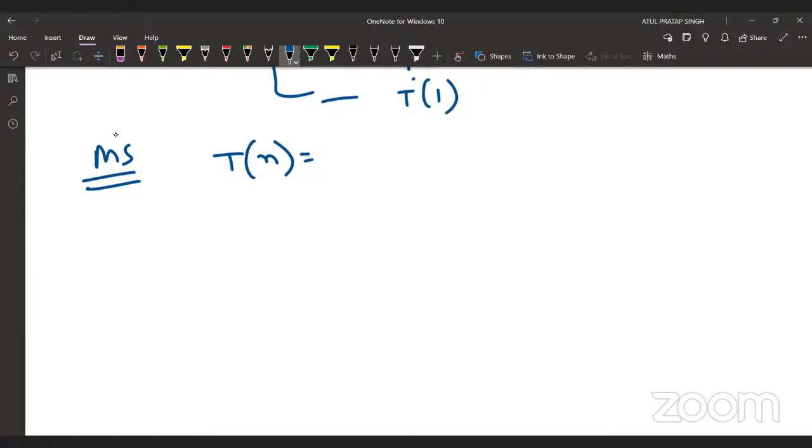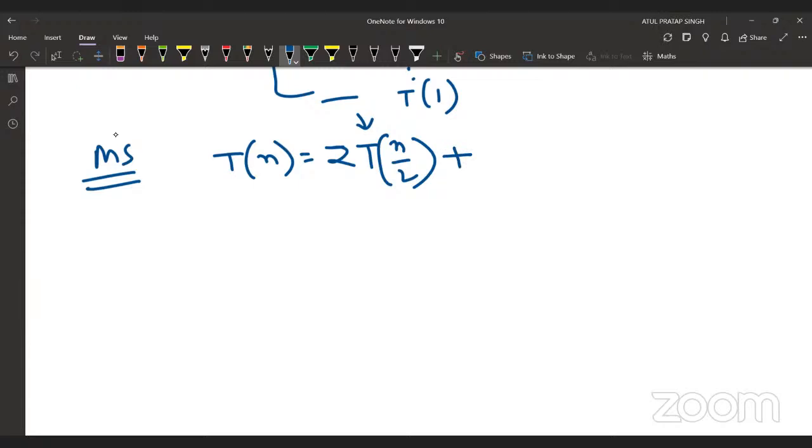We will not discard anything. So we call the merge sort algorithm 2 times, and each part contains n by 2 elements. This is the recursive calling part.